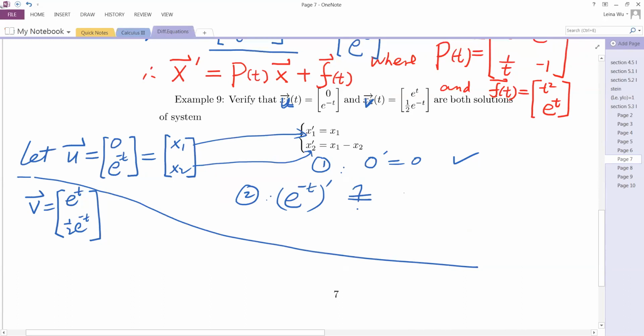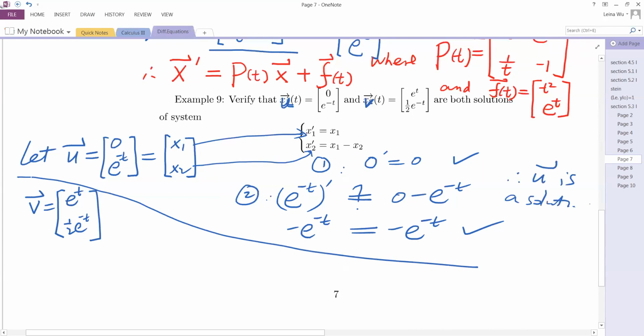Yeah, the derivative is just negative e to the negative t, which is the same as 0 minus e to the negative t. Check. So vector u, containing these two entries, satisfies the system. So vector u is a solution to the system.